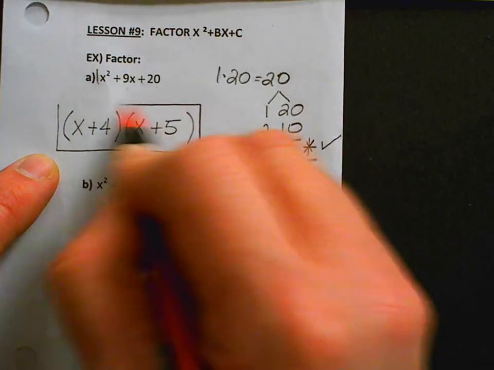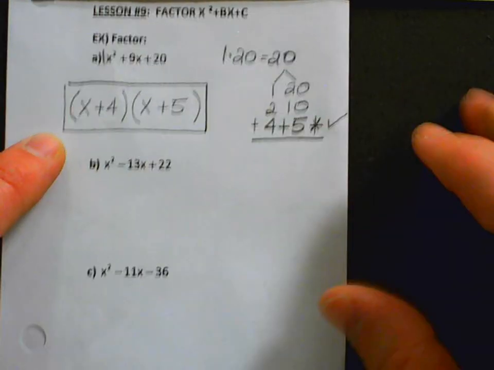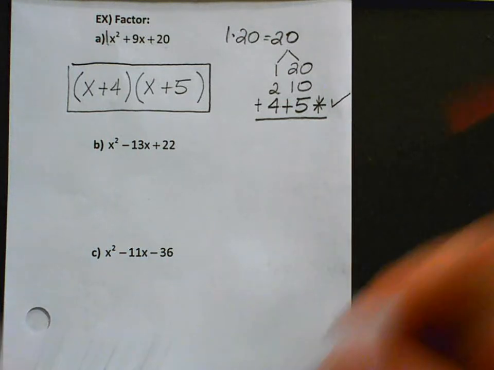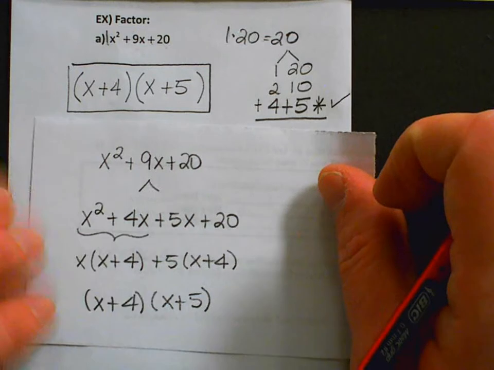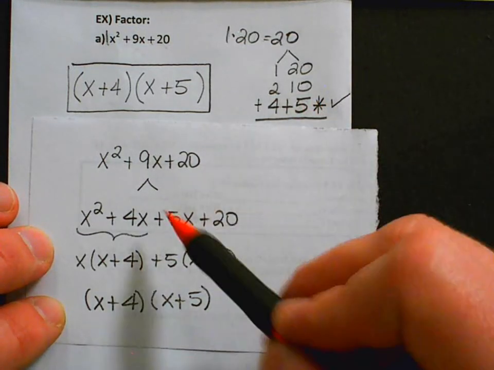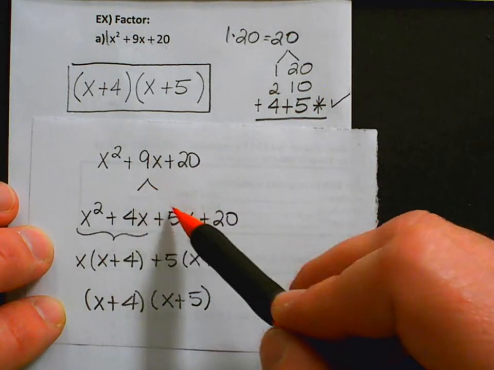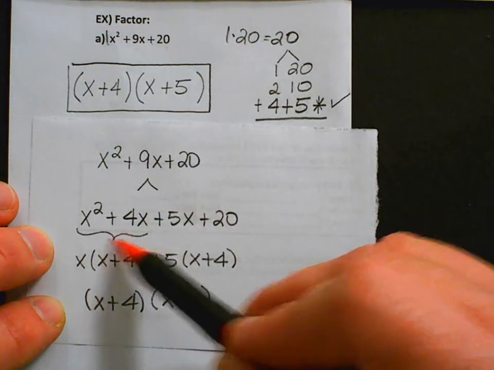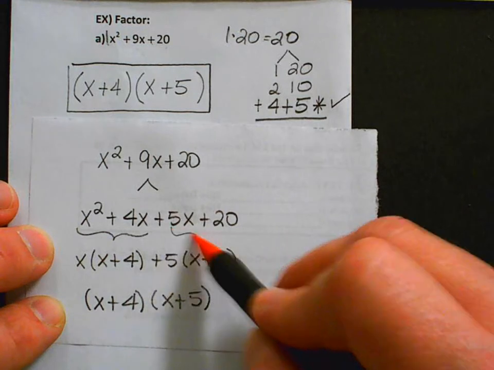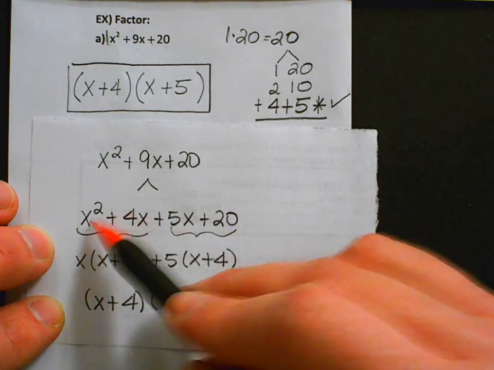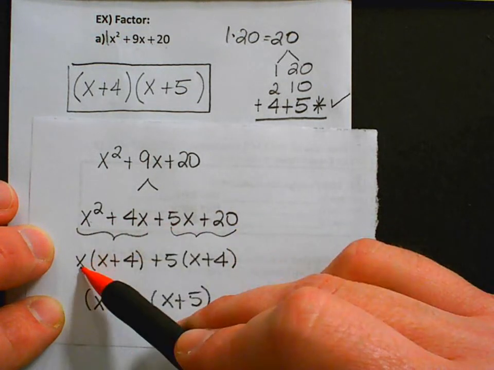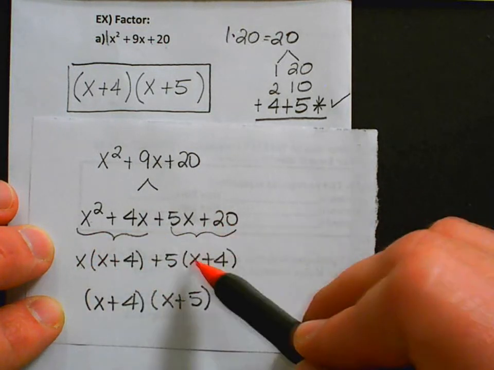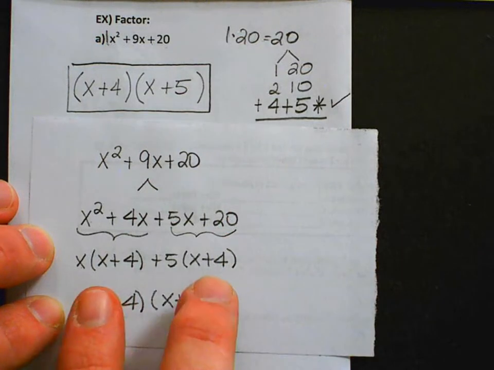Okay, just to clarify, here I did on a piece of paper the same problem, but once I got the 4 and 5, I did like the previous process where I broke down the 4 plus 5x and then I grouped them in pairs. So what goes into x and 4x is an x, so I factor out the x, got x plus 4. Here I factor out the 5, got x plus 4, and then what repeats? The x plus 4, x plus 5.